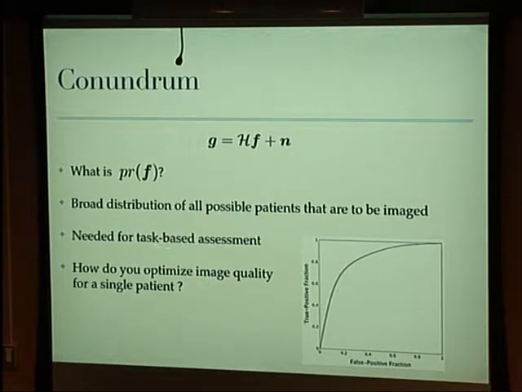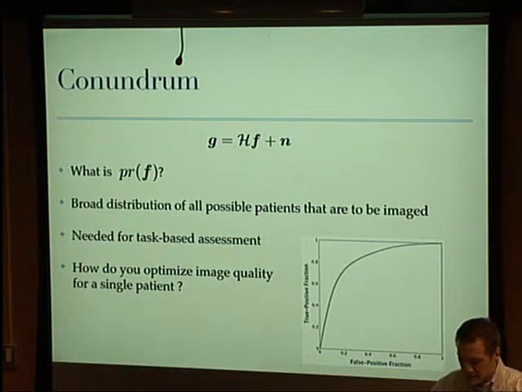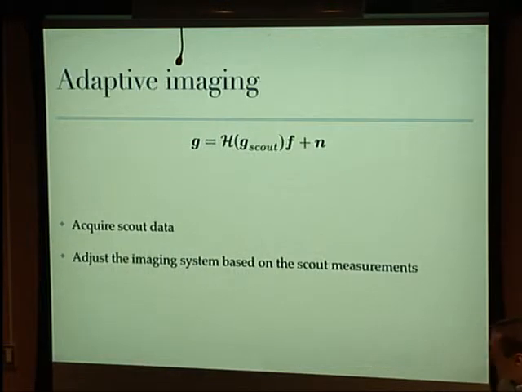It's needed for task-based assessment, but how do you optimize the image quality for one particular patient that's drawn from this broad distribution? Let's pose this in an adaptive imaging construct. I'll consider the simplest one, which is to acquire some scout data and adjust the system based on that scout data.